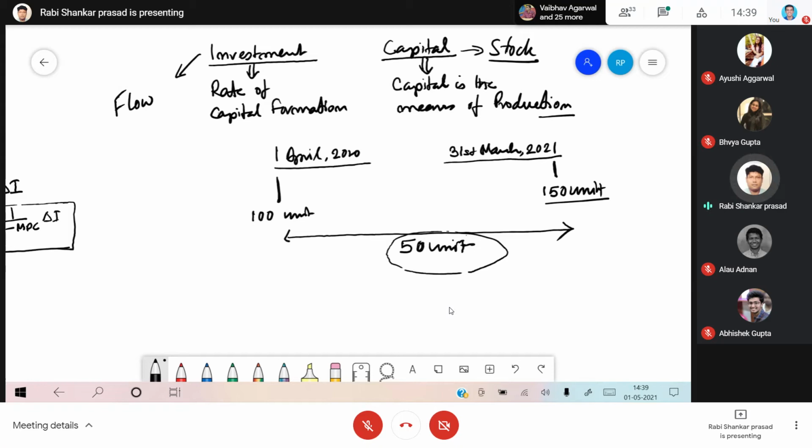If a country has more production potential, it can produce more goods and services. And if it produces more goods and services, it can generate a higher level of employment. It is the reason that each and every country fixes a target of investment, particularly developing countries like us.